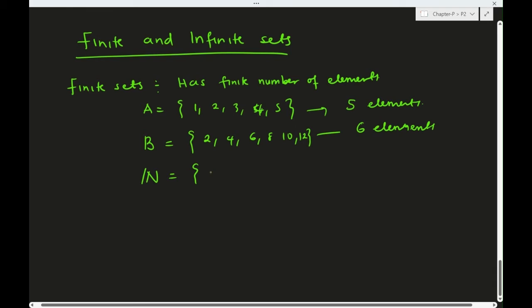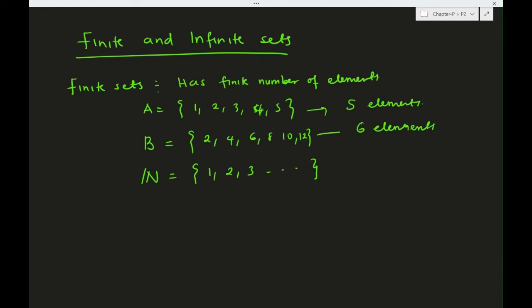For example, the natural numbers, 1, 2, 3, and so on. You cannot count the number, right? So this is talking about an infinite set now. We cannot count the number. For example, even the integers, they have both positive and negative.